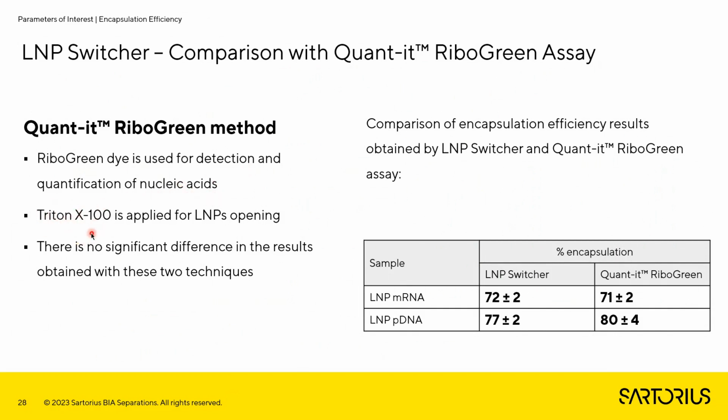Triton surfactant is applied for opening the LNPs. And if we compare the results obtained on LNP switcher and with the RiboGreen method, we can see that there is no significant difference in the results obtained with these two techniques.